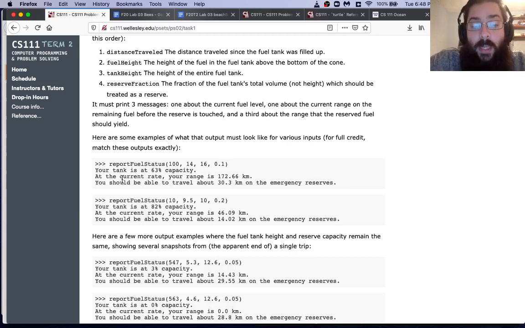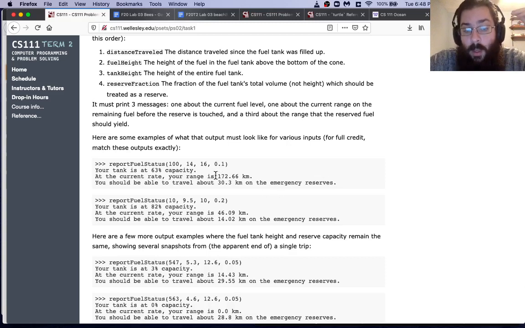The report should read as follows. Your tank is at 63% capacity. That's line 1. Line 2, at the current rate, your range is 172.66 kilometers. Then line 3, you should be able to travel about 30.3 kilometers on the emergency reserves. So that's our 3 lines of output: the percentage in your tank, reported as a percentage, not as a fraction.